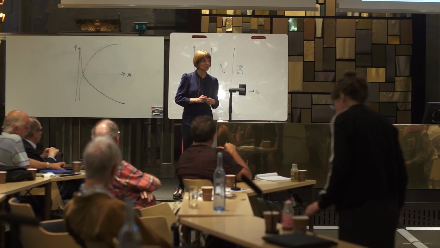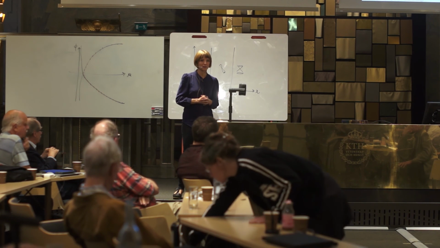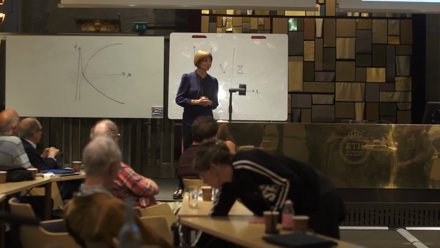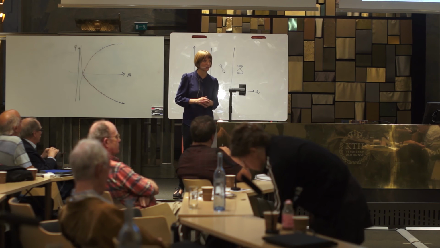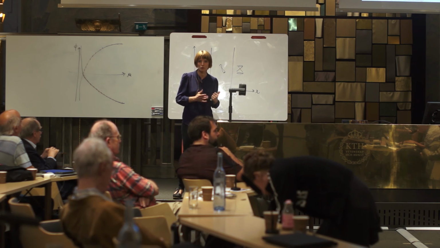So I was wondering if any of you have an idea about how this metric for a dense collapsing sphere should look, and if you have suggestions.